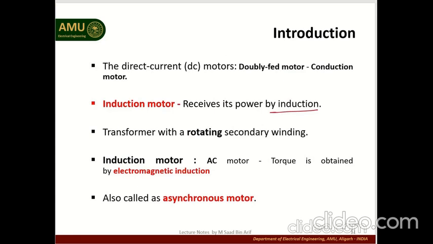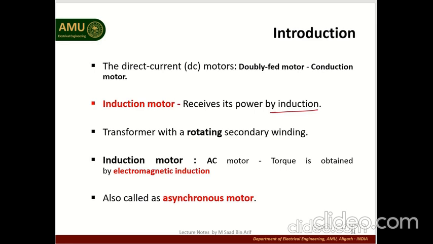So therefore DC motor is basically referred to as a conduction motor, whereas in case of induction motor, the rotor receives its power not by conduction but by induction, and therefore this motor is called an induction motor.